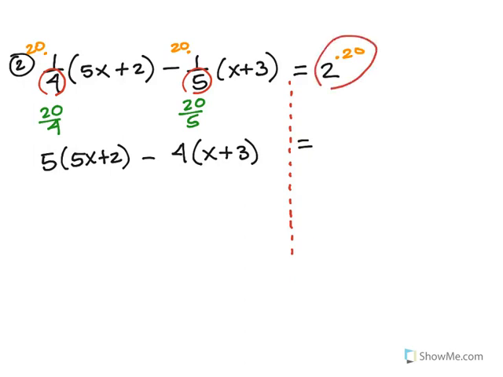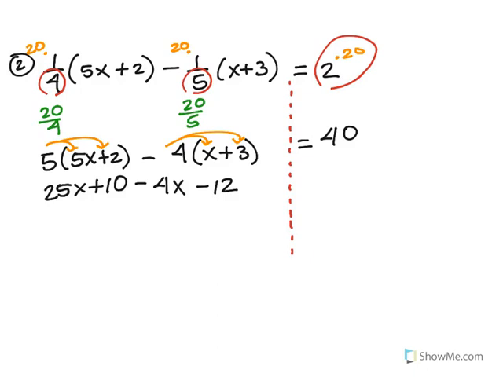But this is just going to be straight multiplication, which that would give me 40. 20 times 2. So now I have a basic equation without the fractions, and I'm going to do my distributive property. And that's going to give us 25x plus 10 minus 4x minus 12 equals 40.